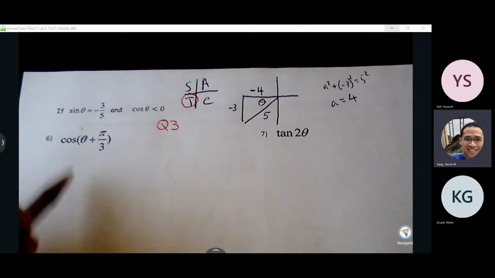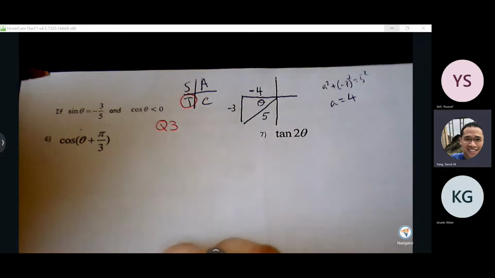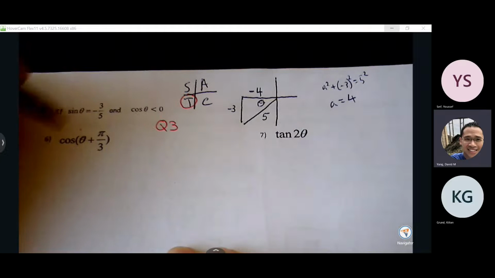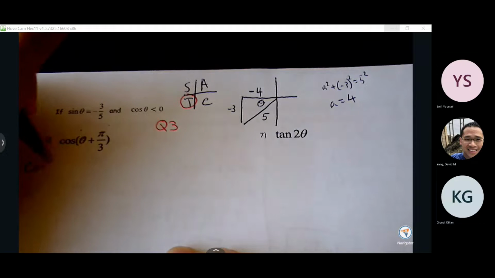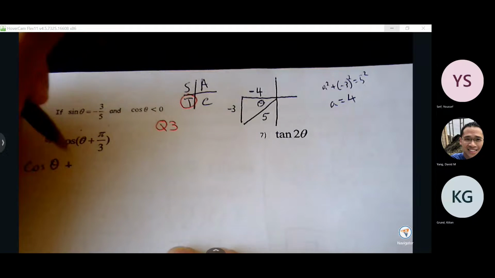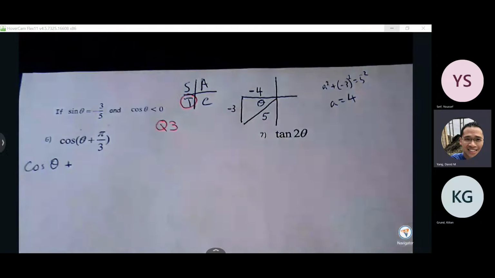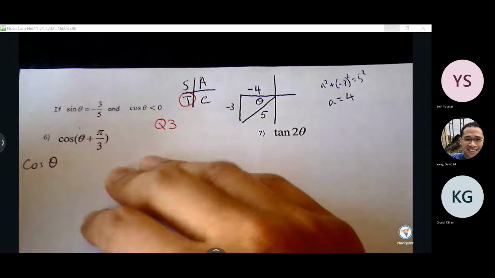Cosine of theta plus pi over 3, we can go through double angle. Oh, sorry, some identity here. Cosine of theta times cosine of pi over 3.